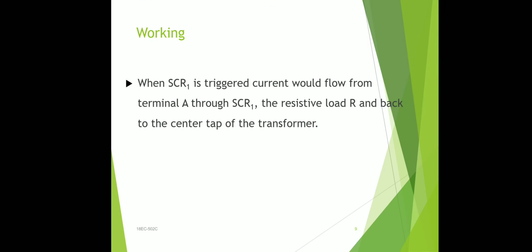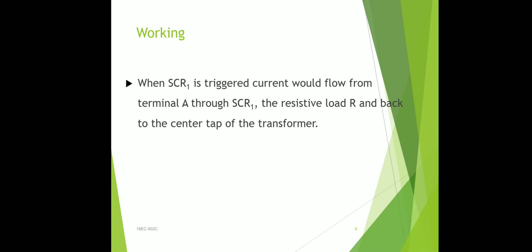When SCR1 is triggered, current will flow from terminal A through SCR1, the resistive load R, and back to the center tap of the transformer. For the positive half cycle, SCR1 is triggered and current is flowing from terminal A through SCR1 and the resistive load and back to the center tap of the transformer.